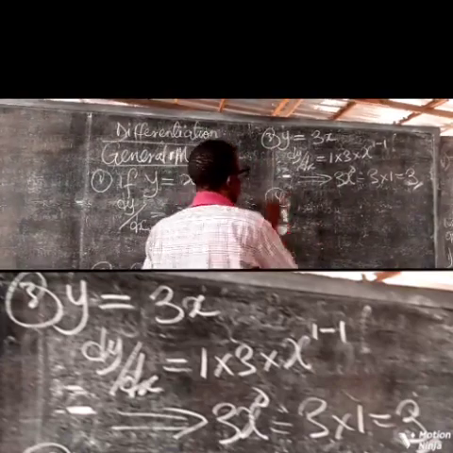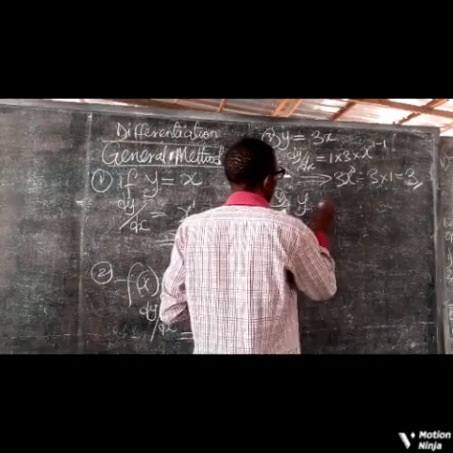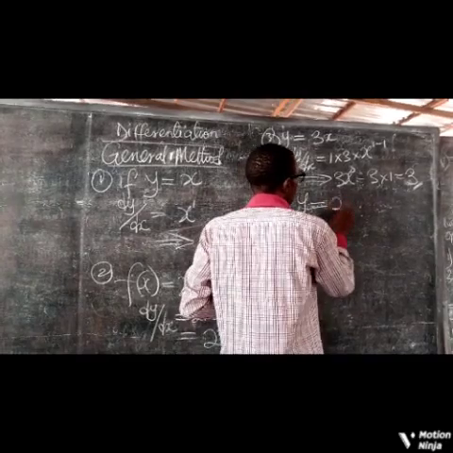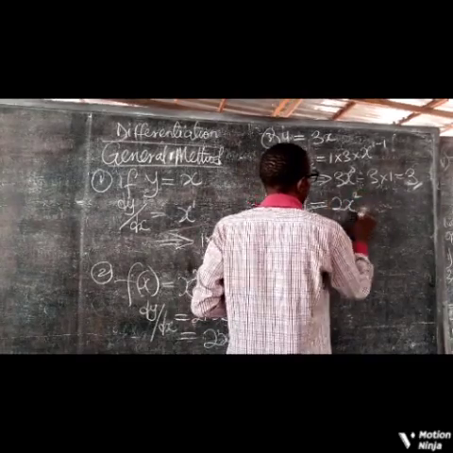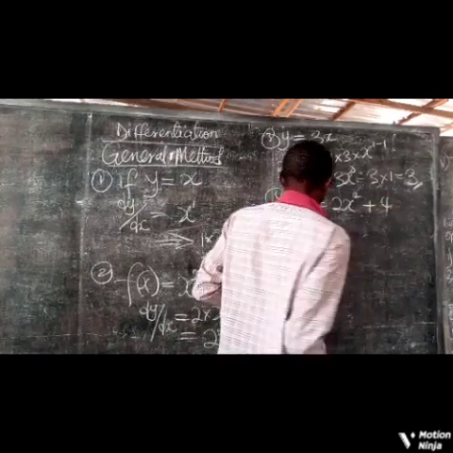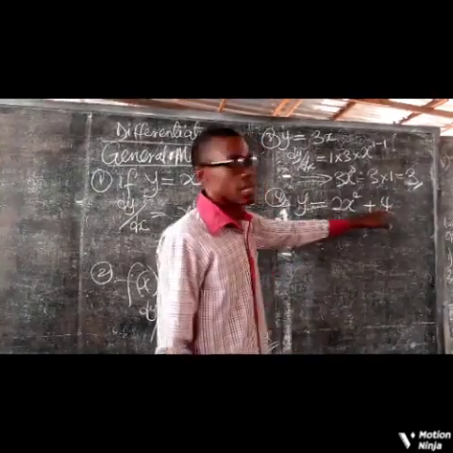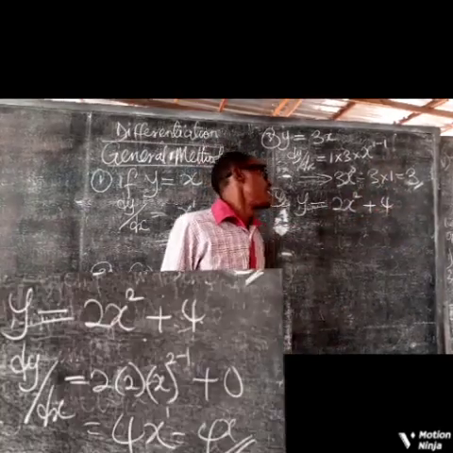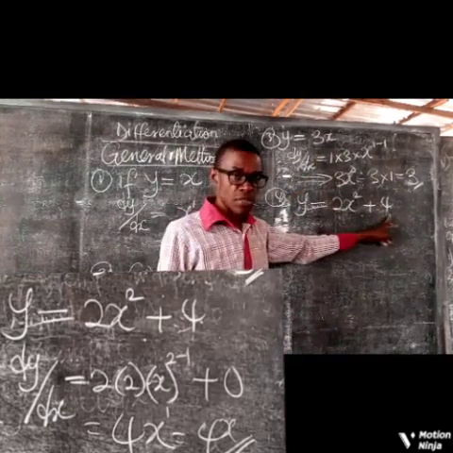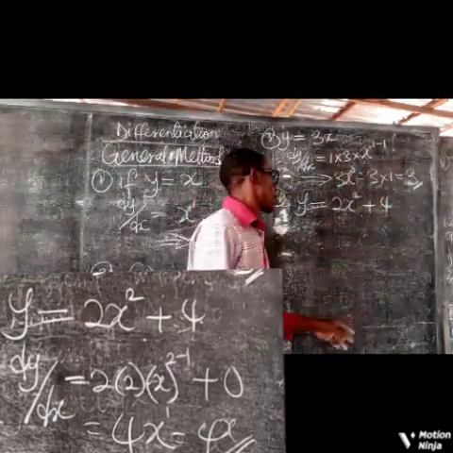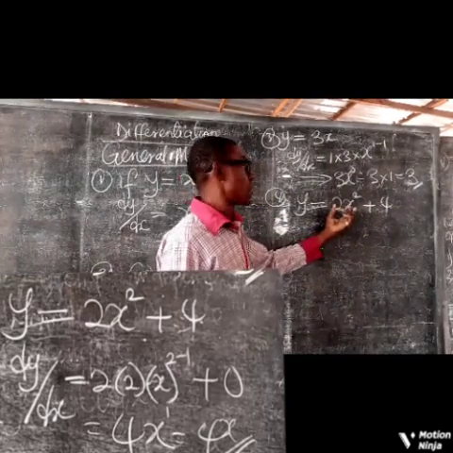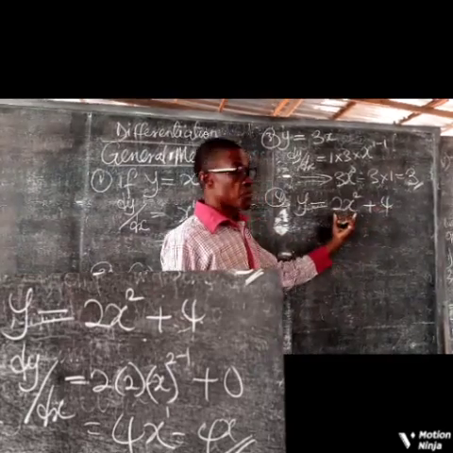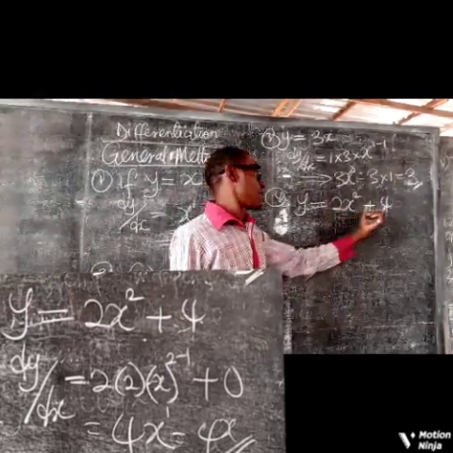Let's take one more, number 4. y is equal to, let's say, 2x squared plus 4. So this 4 is a constant. And by the law we said that for any constant, the differential coefficient should be what? 0. When I differentiate this, normally you differentiate each term. This first term, this second term. Let's differentiate the first term and then we'll differentiate the second term.